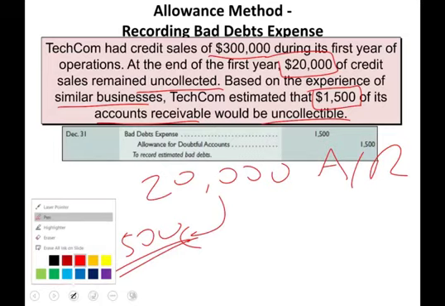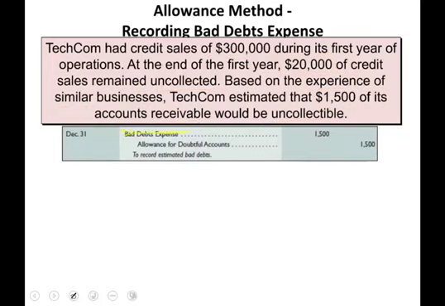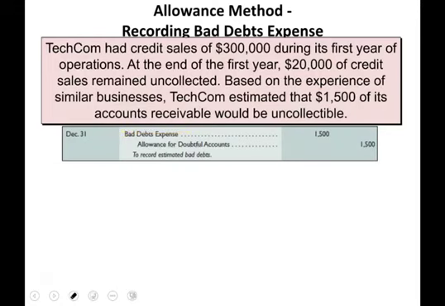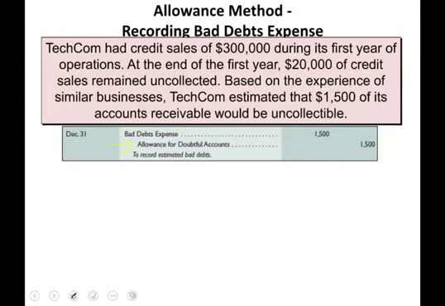So we debit bad debt expense. Notice they debited the expense before anything happened, and they credited an account called allowance for doubtful accounts. I'm going to be referring to allowance for doubtful accounts as ADA. What type of account is this ADA?